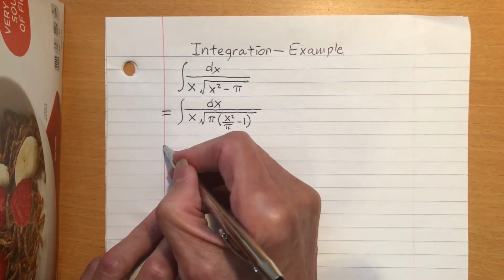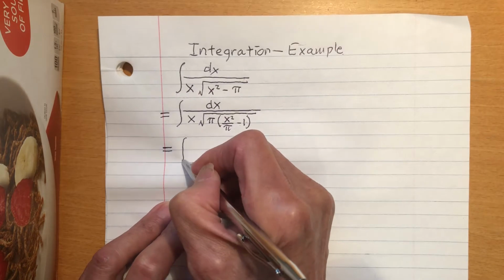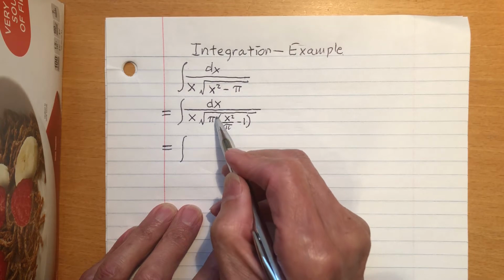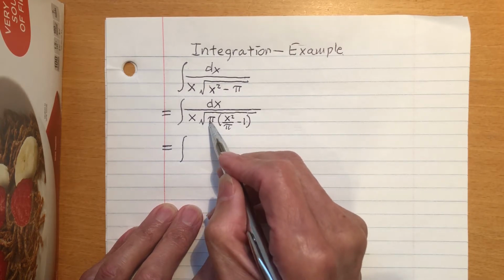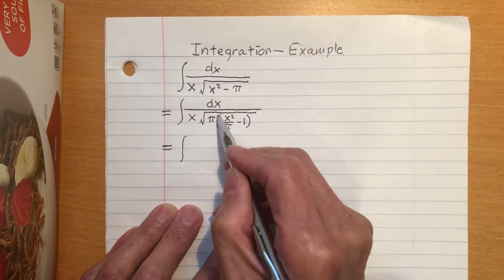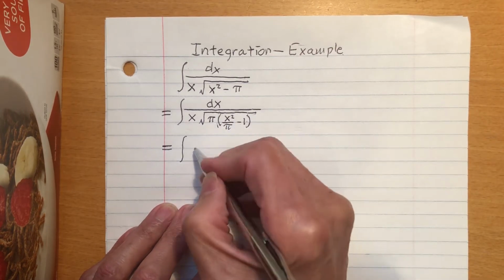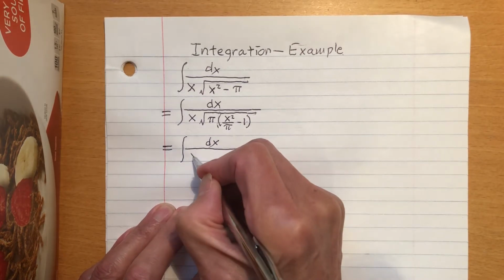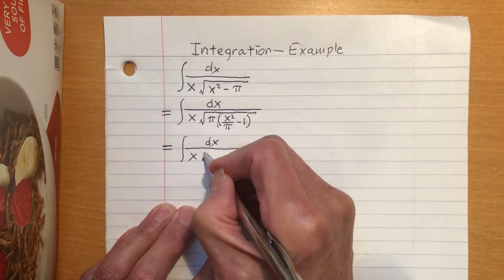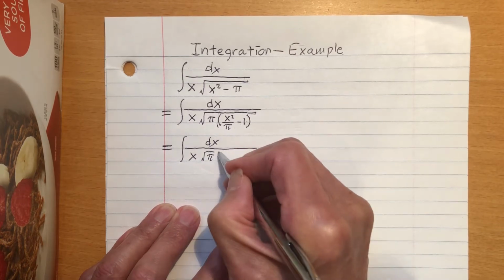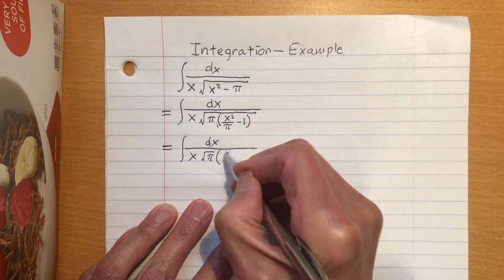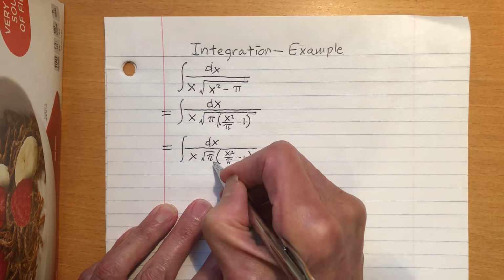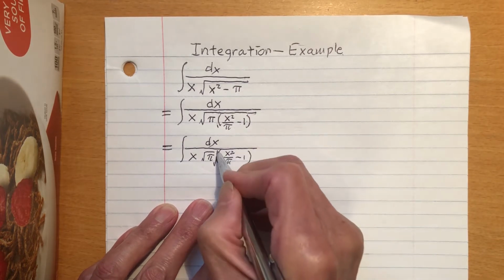Next step, I break this square root into two parts: square root of pi multiplied by the square root of this bracket.